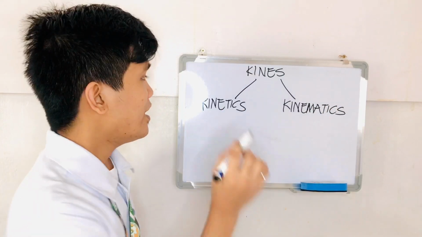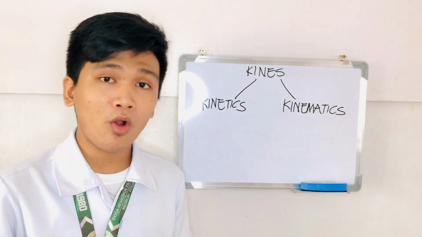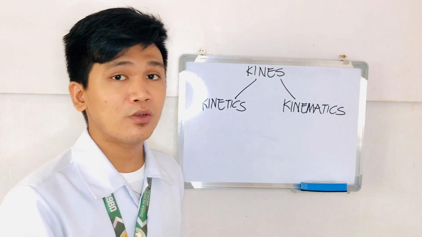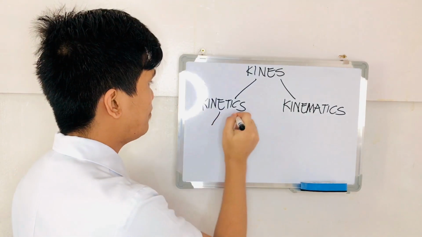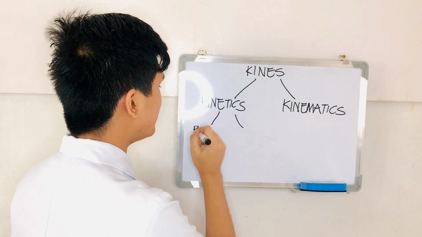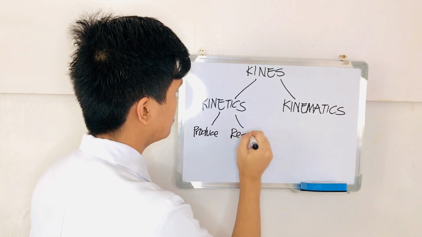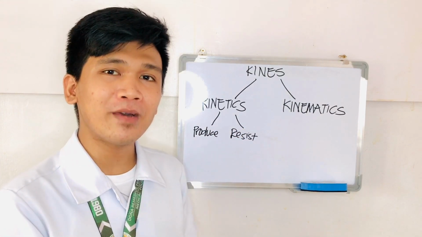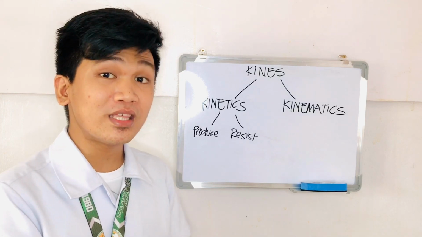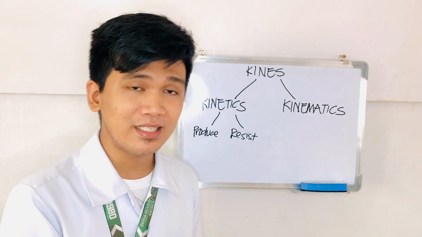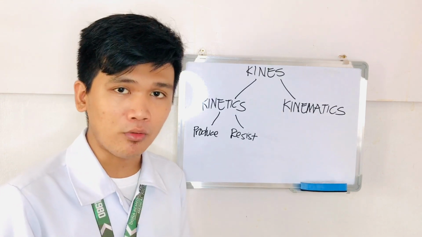When we say kinetics, it's more on the forces behind the motion. So these forces produce or resist the motion. While when we say kinematics, it deals with the type of motion without regard to the forces that produce that motion.